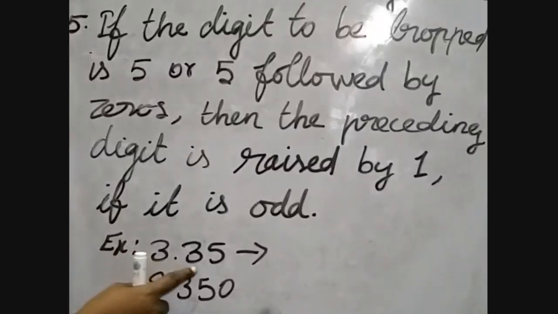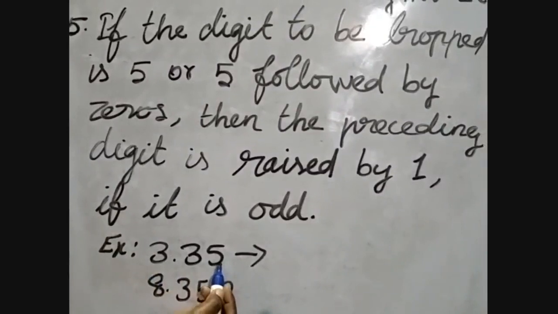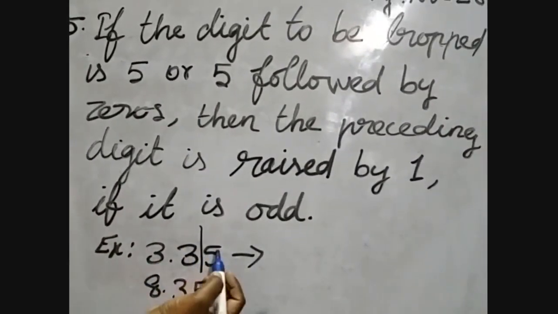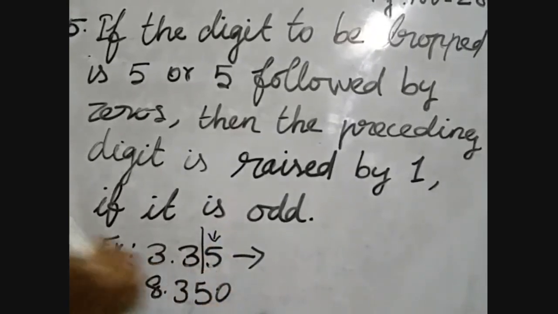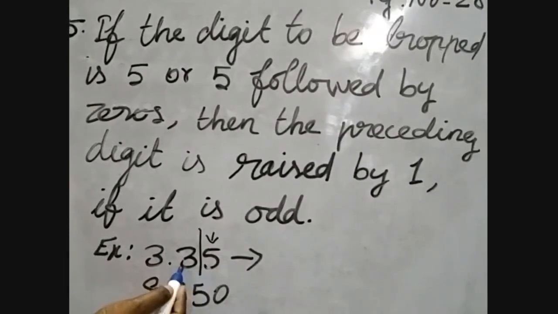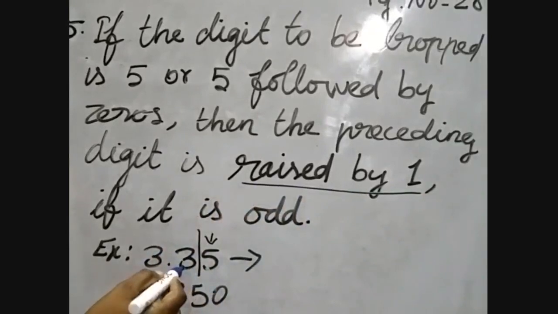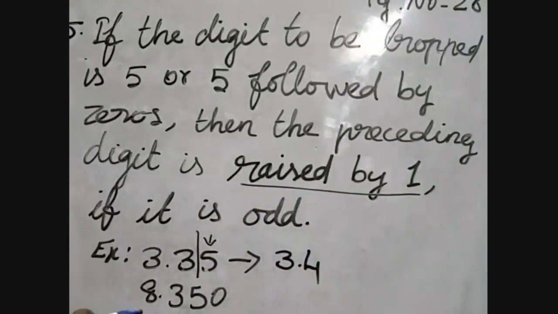Example 3.35. Here we have a 3-digit number. Now we are going to round off this into a 2-digit number. Now the digit to be dropped is 5. So look at the preceding digit, whether it is odd or even. Here 3 is an odd number, so it will be raised by 1. So 3.4.